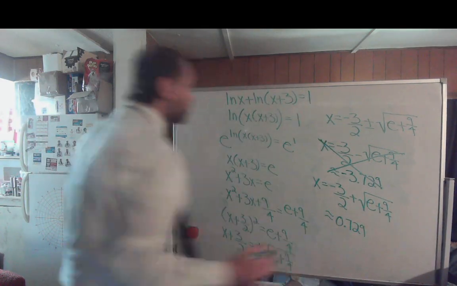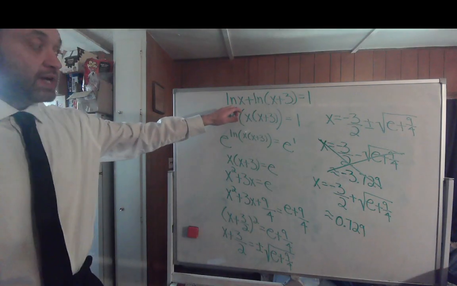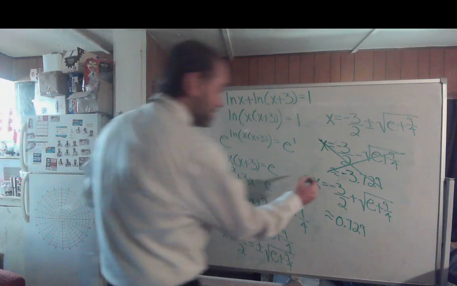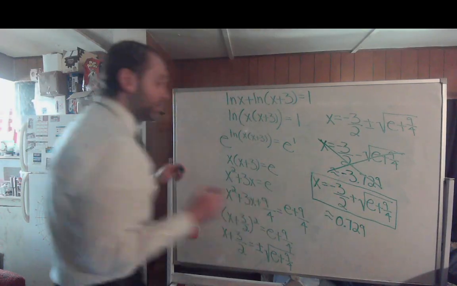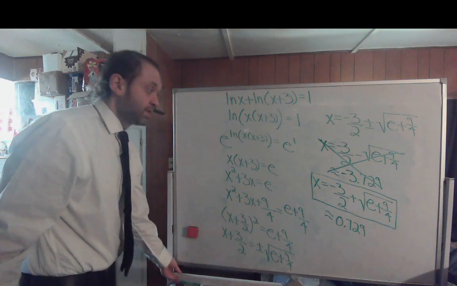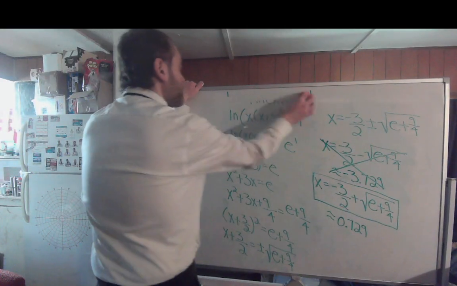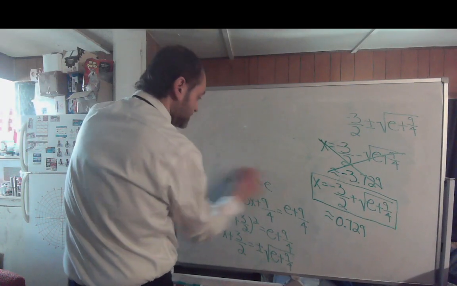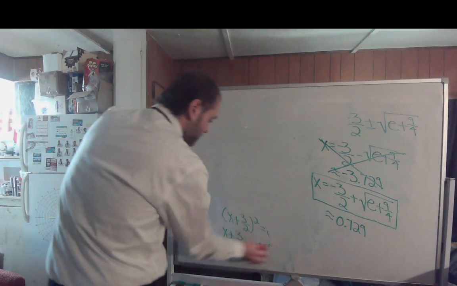So put that 0.729 in for x. You got a log of a positive number. That works. And definitely positive for the second term. So your only solution is that x equals negative 3/2 plus the square root of e plus 9/4. That would be the exact value of x. So yes, sometimes these equations can get messy, but this is why checking for extraneous solutions is extremely important.